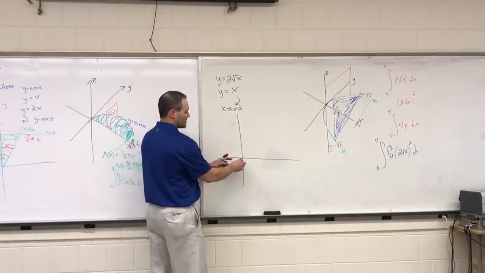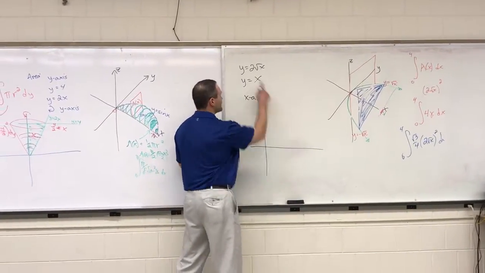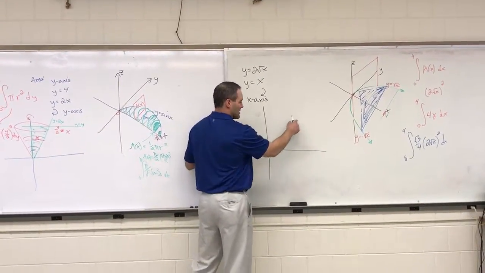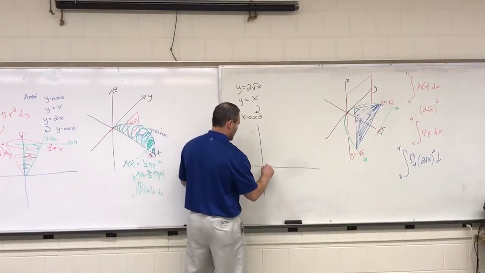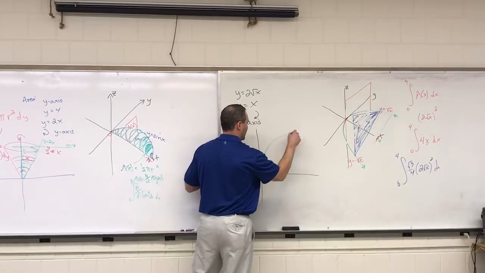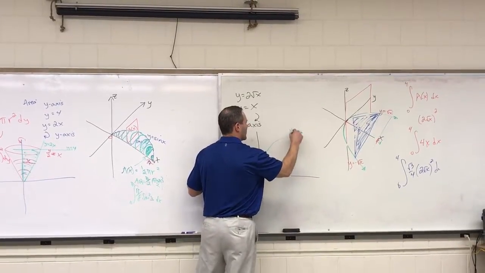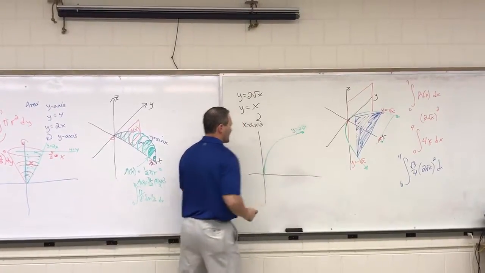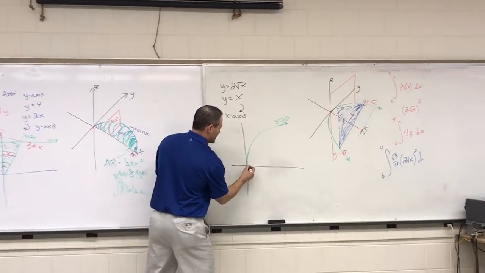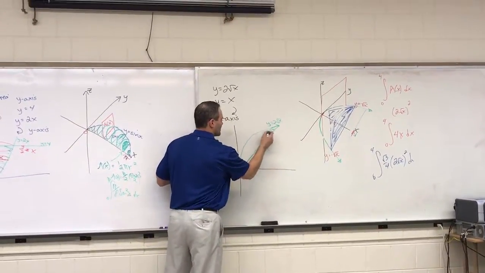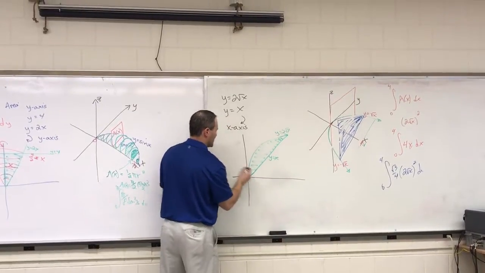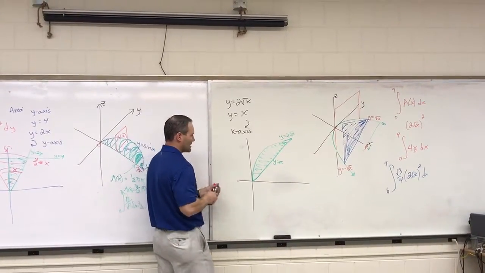Regular square root of x looks like this. 2 is gonna make it a little steeper. y equals 2 square root of x. And y equals x looks like this. So here's our area. And we're going to revolve it around the x-axis.